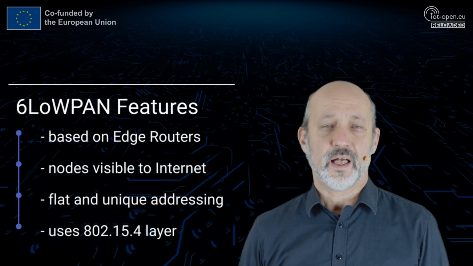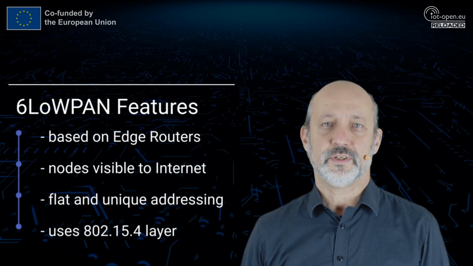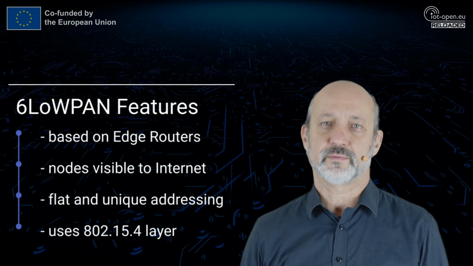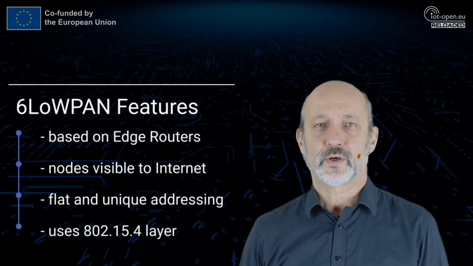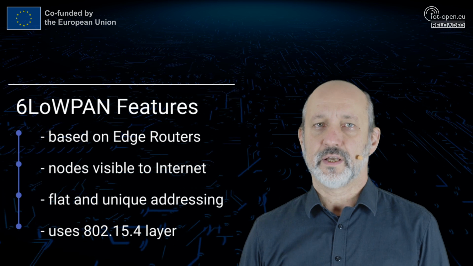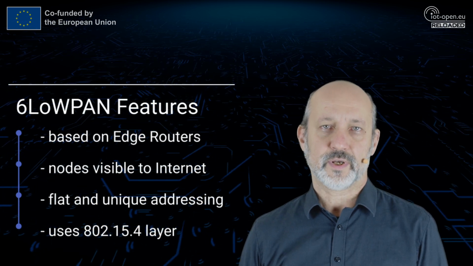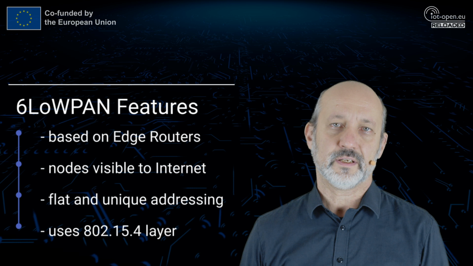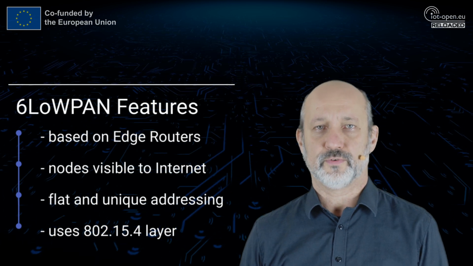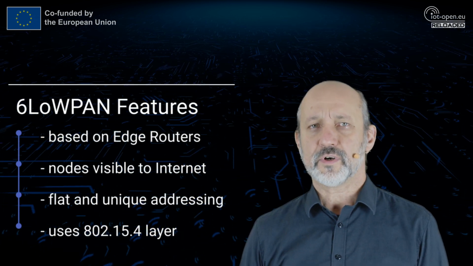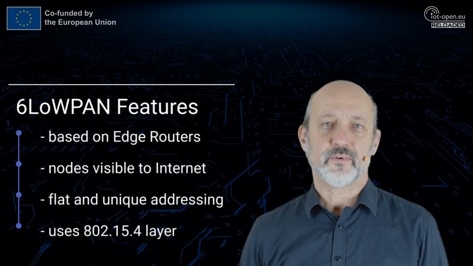As a result, every node can be visible on the Internet and uniquely addressable. 6LoWPAN creates the adaptation layer that has been developed to operate on the radio channel defined in 802.15.4, for example with Zigbee, Z-Wave, and Bluetooth Smart.